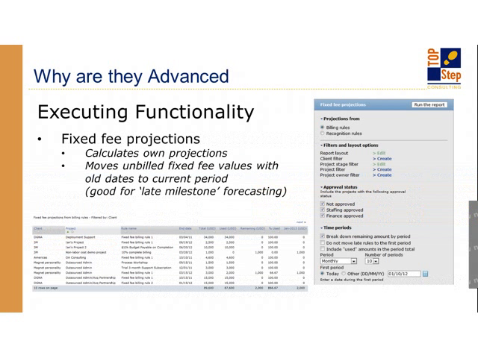Another one here is the fixed fee projections report. This is unique in that it's only running on fixed fee billing rules. But what it does is it allows you to calculate projected end dates, and you can run this by period. If you run this by period, you can choose to move any late milestones to the current period.